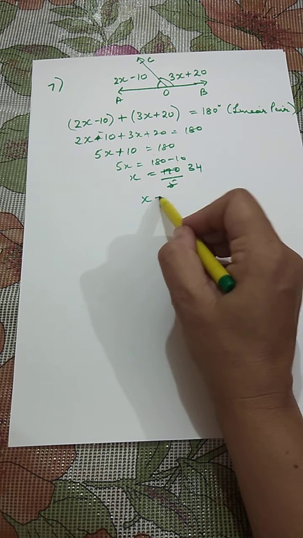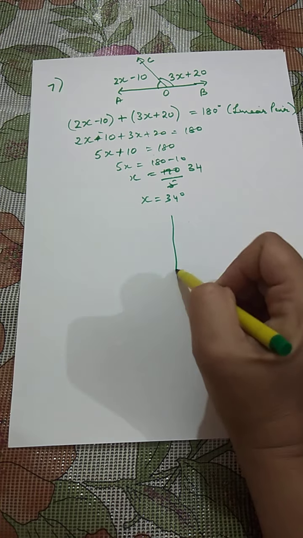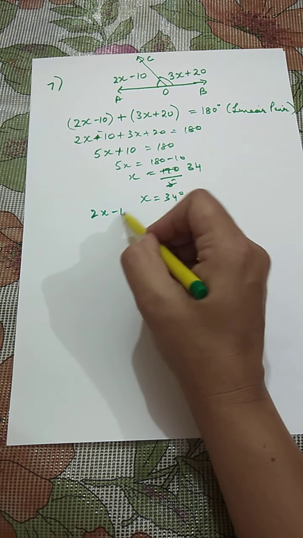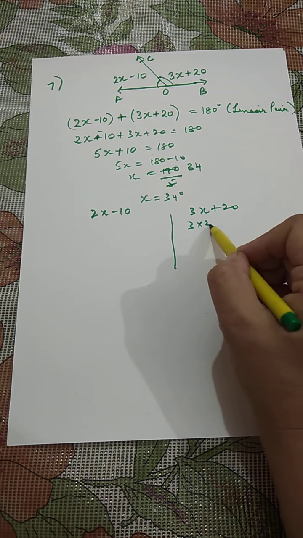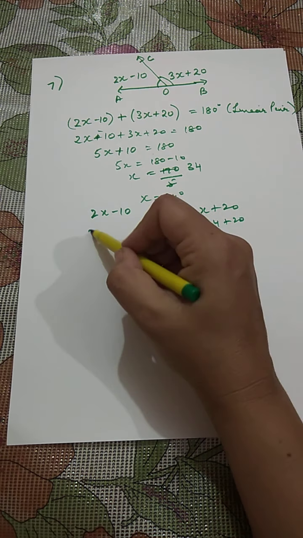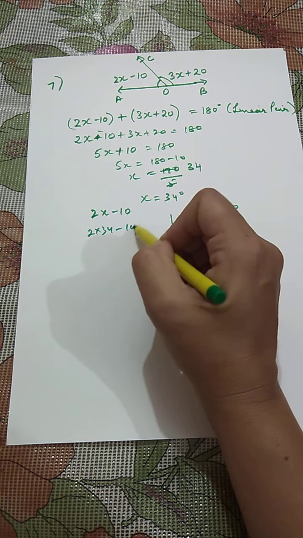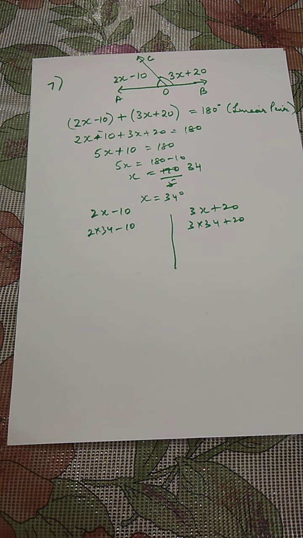So you got the x value as 34. Now this value of 34 you are going to put into these two expressions to get the value of the angles. So this is how you are going to solve it.